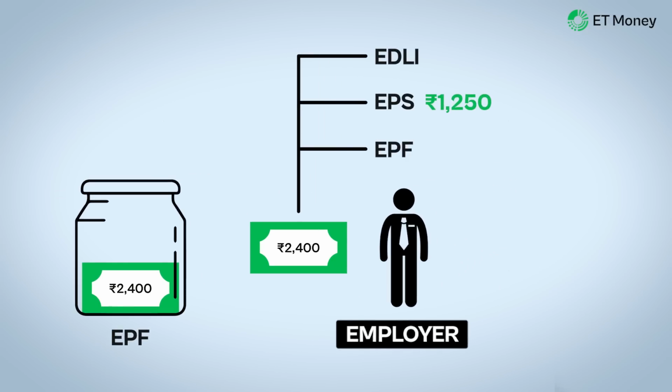Of this 2,400, 1,250 will go to EPS and the remaining 1,150 will go to the EPF only. Do note here that while 8.33% of 20,000 is 1,666, only 1,250 goes to the EPS, and the maximum EPS contribution can be only that. Finally, another 75 will go to the EDLI. If your employer already has group life insurance, they can opt out of EDLI.